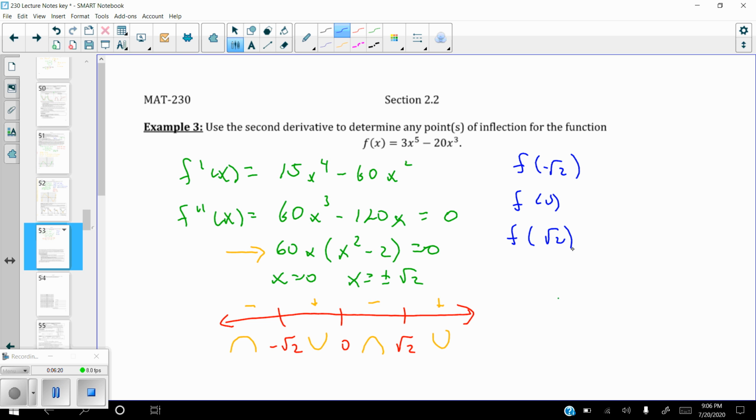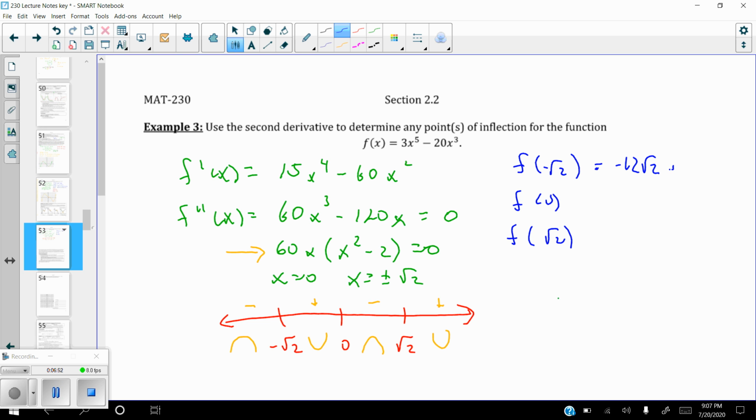So let's see, if I plug in -√2 into my original function, these are going to be some nasty numbers. -√2 to the 5th power is really going to be 2 times 2, which is 4, times another -√2. So that's going to be -4√2 times 3, which is -12√2. And then if I plug -√2 into x cubed, that's going to be 2 times the -√2.